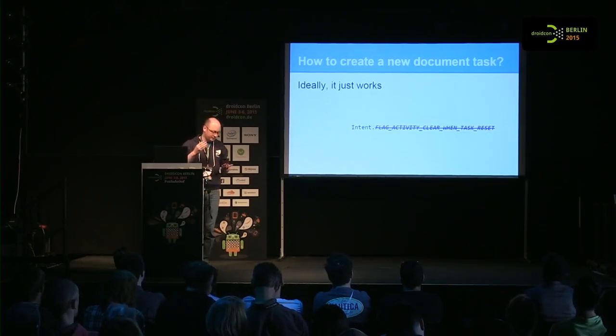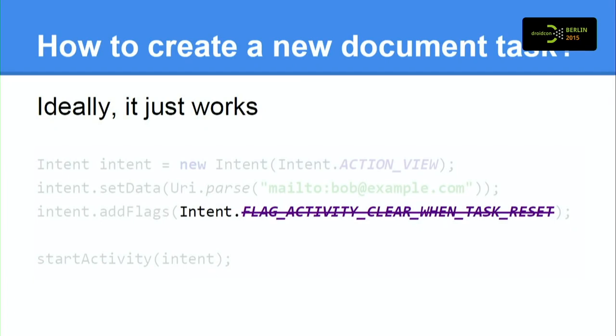The old way to open content. Say you're an email app and you display a message and there's a link in there. The user clicks on that. Previously, Google asked you to specify the clear when task reset flag, which meant here's a logical break.